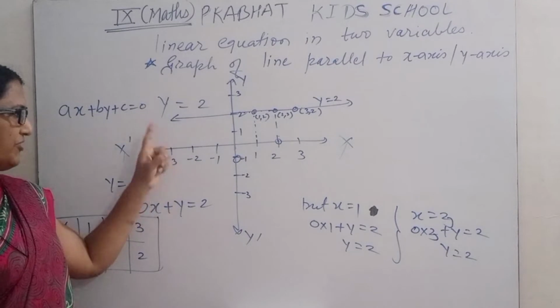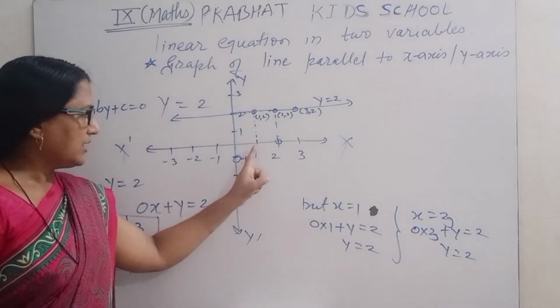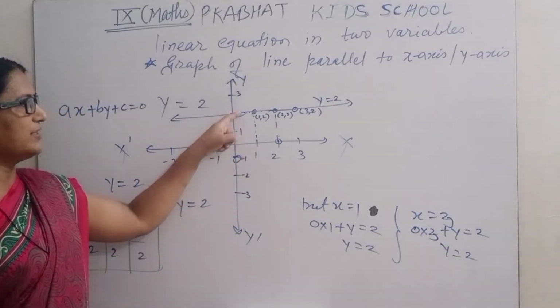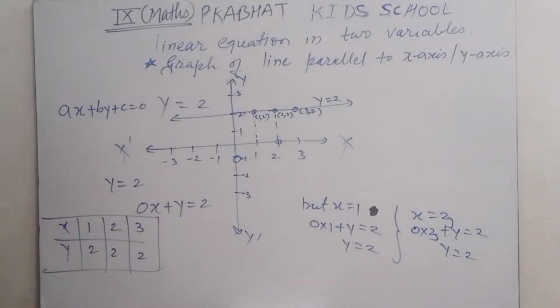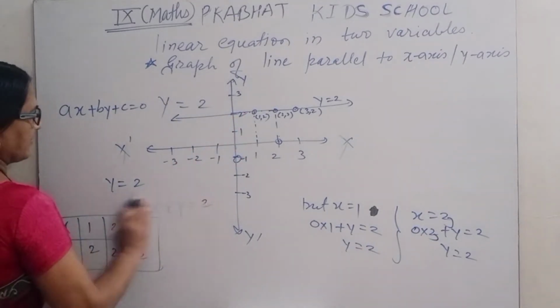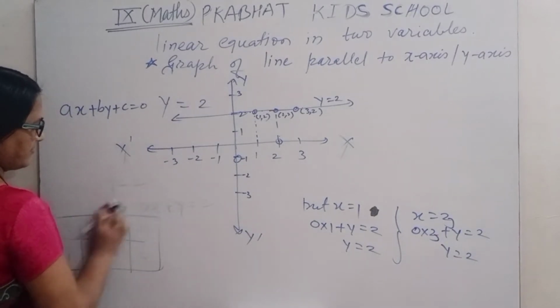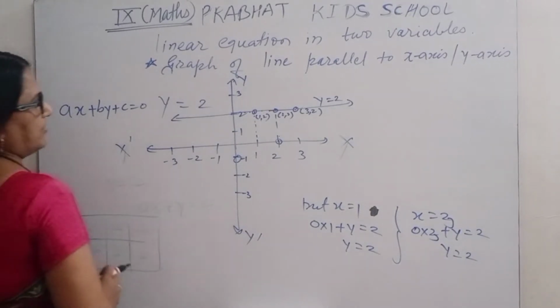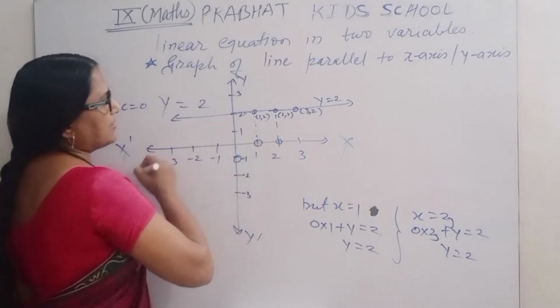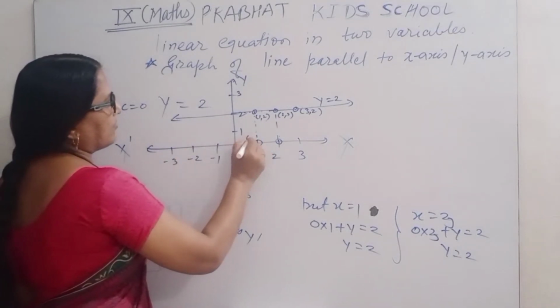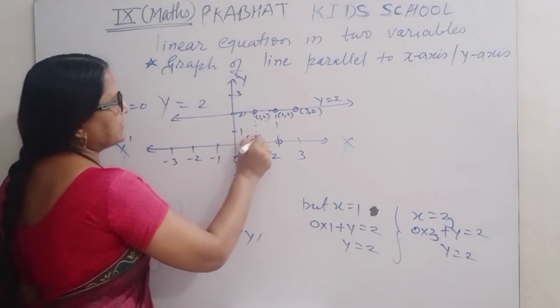Understood? Now we are thinking about the x-axis. This line is parallel to the x-axis, isn't it? Take any point on the x-axis. This is (1, 0), the y coordinate is 0.